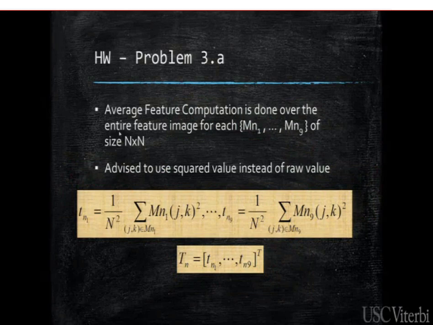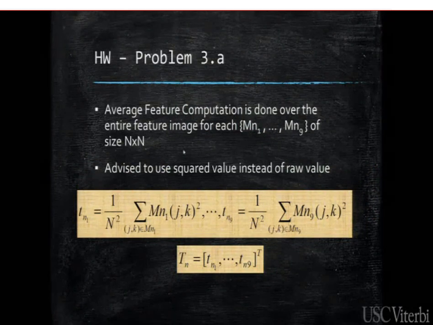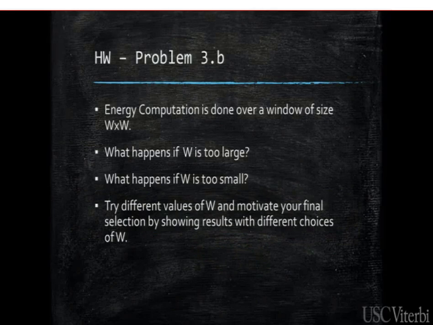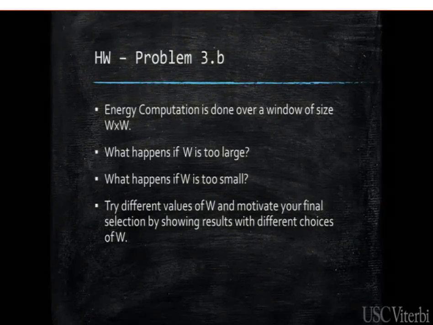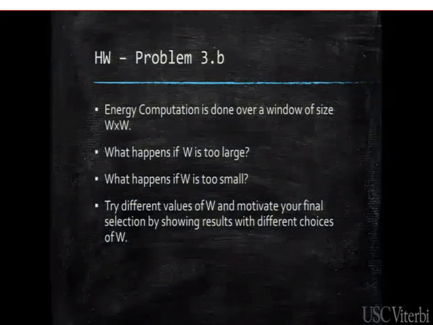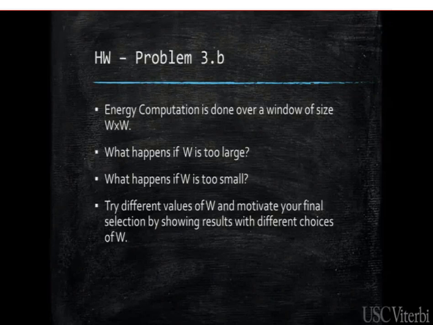For problem 3A, I already discussed this. For problem 3B, there's a difference in the approach. Now you don't have one number for each image directly, and you don't take the average of all the pixels. Instead, you use a window size. Assume your original image was 256 by 256, right?